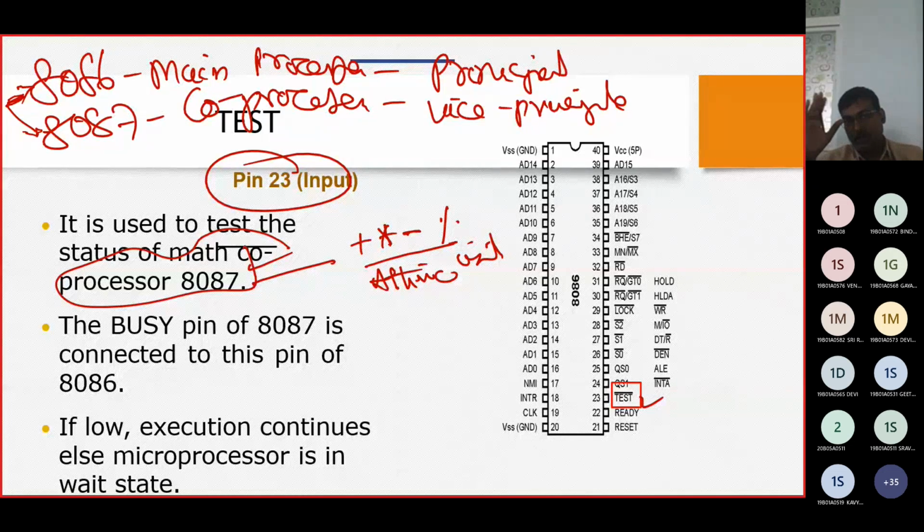Fine. So what is the test pin? In general, a real-time case was, in the architectural diagram, we have a main processor called 8086 and a coprocessor 8087. Both are friends. And 8086, in a real-time example, we call the principal. 8087, we call a vice principal.